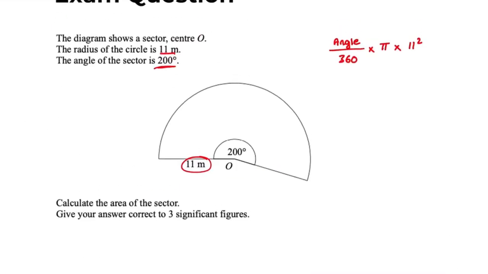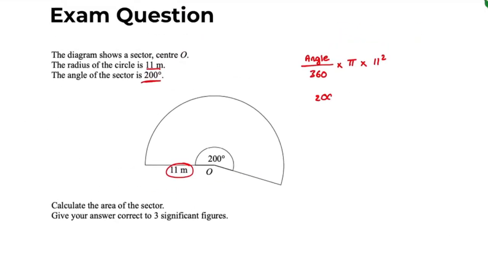Okay, so the angle is 200. So it's going to be 200 over 360 multiplied by pi multiplied by 11 squared. That's what you're going to type into your calculator. Okay, so 200 over 360 multiplied by pi multiplied by 11 squared.